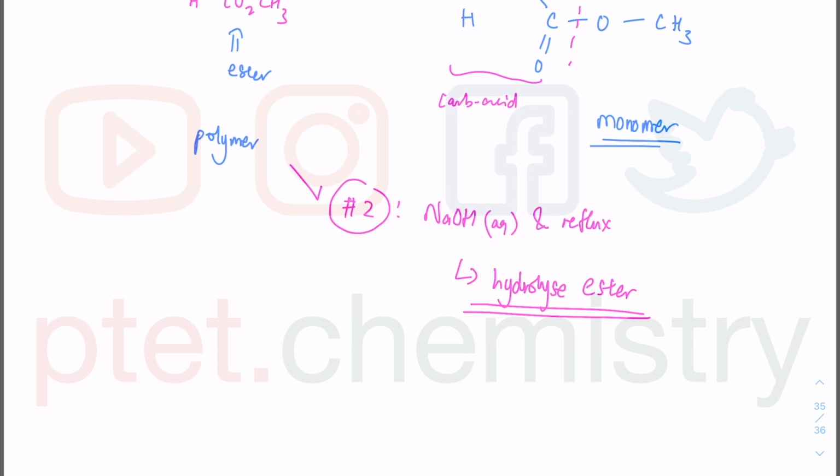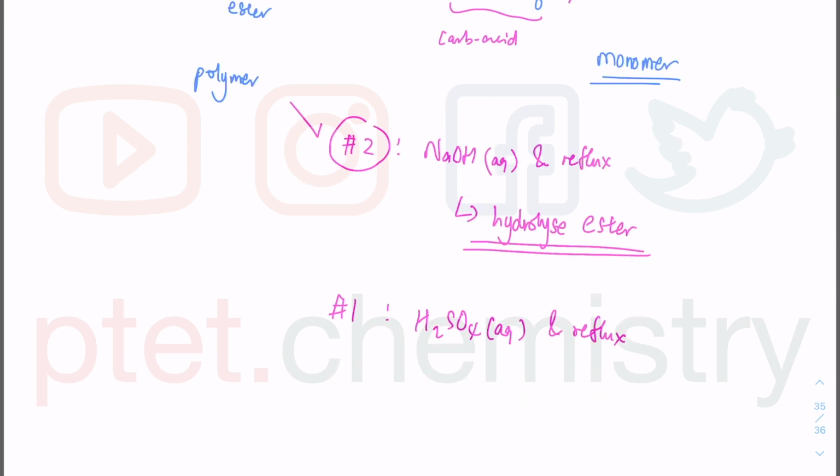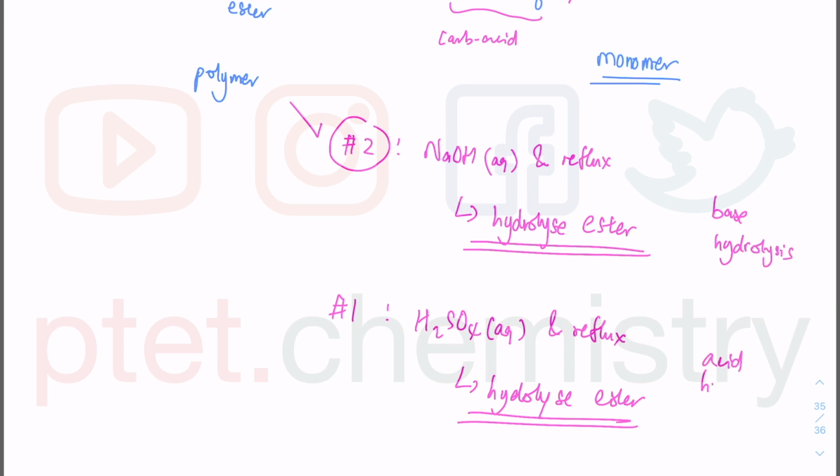Alright, how about sulfuric acid? Well, that will be acidic hydrolysis of ester. Of course, you also need a reflux. You can also hydrolyze the ester. This is called ester acid hydrolysis. This is base hydrolysis of ester. This is acid hydrolysis of ester.